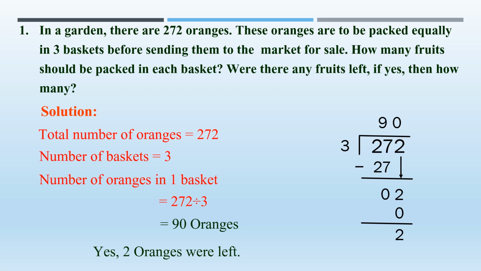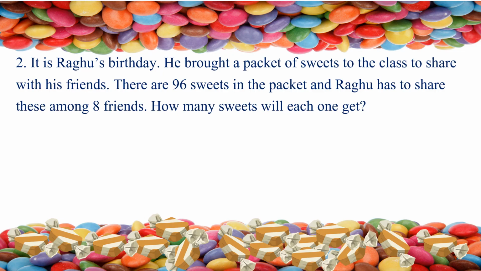Next sum is, it's Raghu's birthday. He brought a packet of sweets to the class to share with his friends. There are 96 sweets in the packet and Raghu has to share these among 8 friends. How many sweets will each one get? So each one means we need to divide. So what is given?